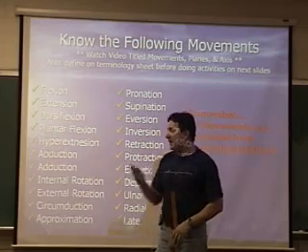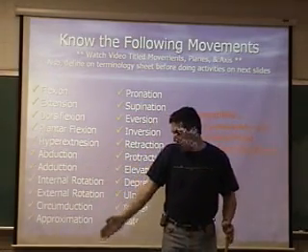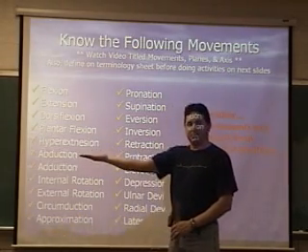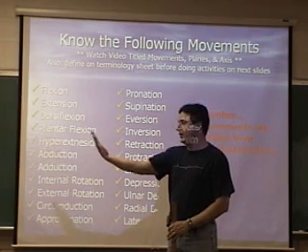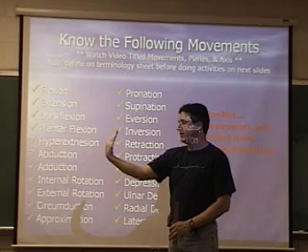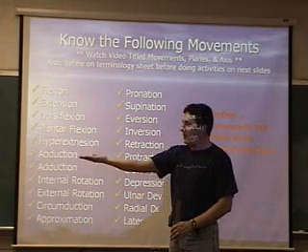Hyperextension. Think of the wrist. If we have wrist in anatomical position, and we go wrist flexion, wrist flexion is this way, a decrease of joint angle. Wrist extension is back to anatomical position.